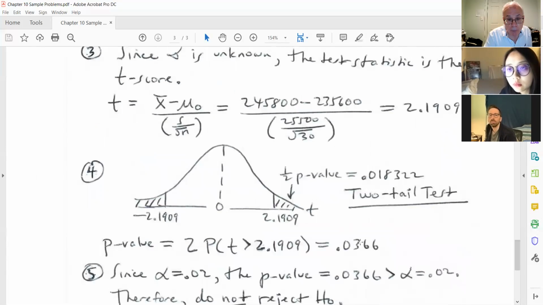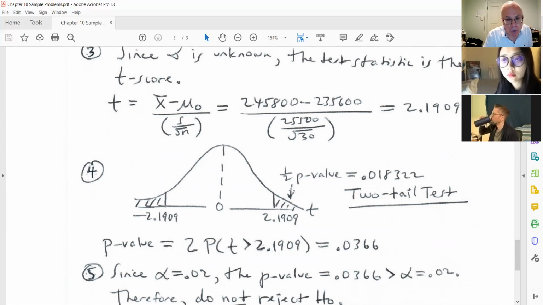Now, we know this is a two-tailed test, so we're going to have not only the t that was calculated, which is positive, but also a negative of it on the left side.